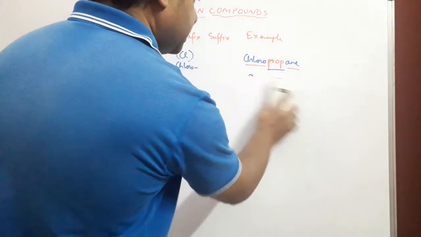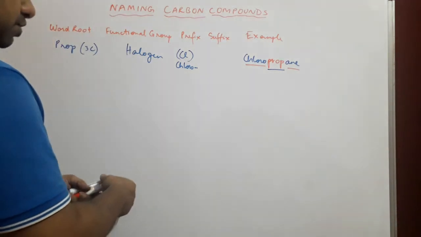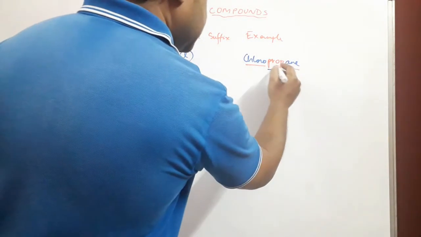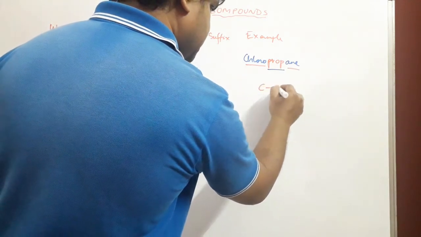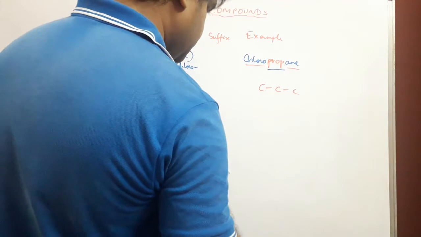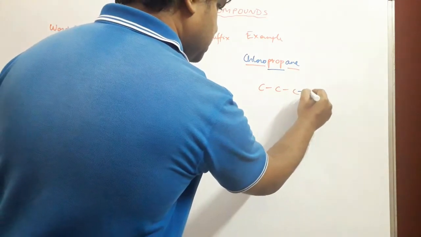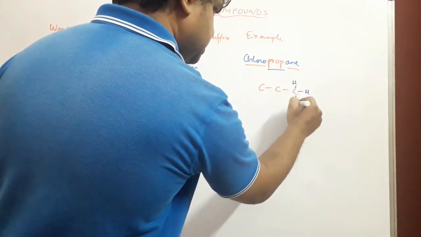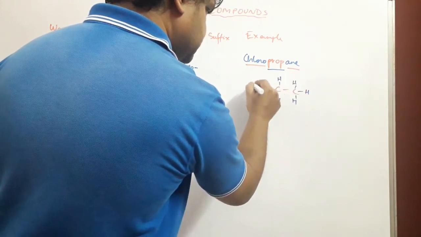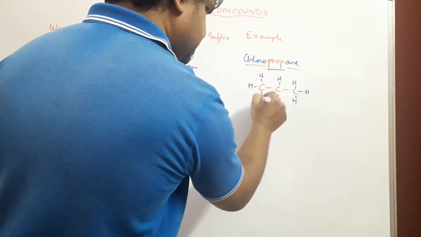Okay, and this compound would look something like this if we draw the structural diagram. Since there are 3 carbon atoms, we have 1, 2, 3 over here, and what we can do is fill them up with hydrogens as 1, 2, 3, 4, 5, 6, 7 and 8.